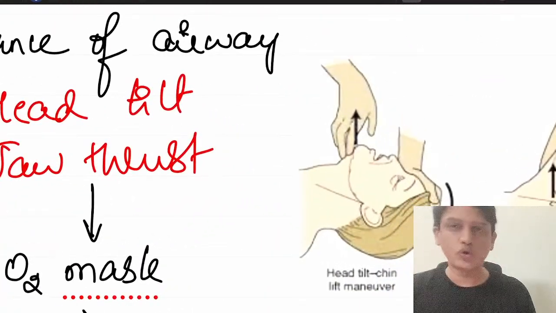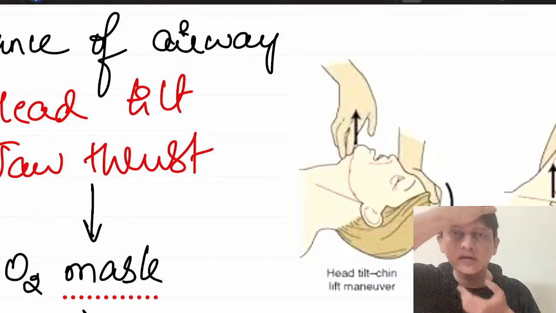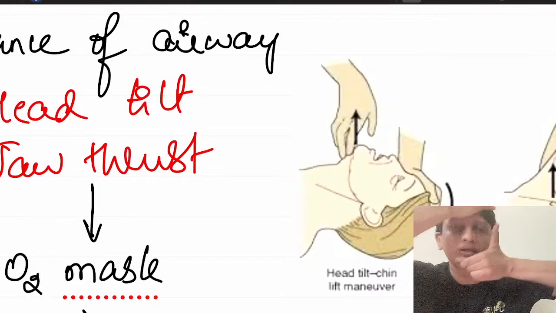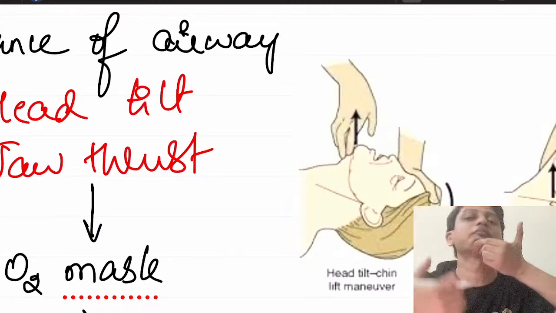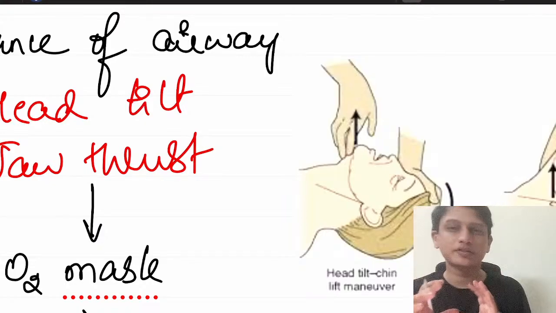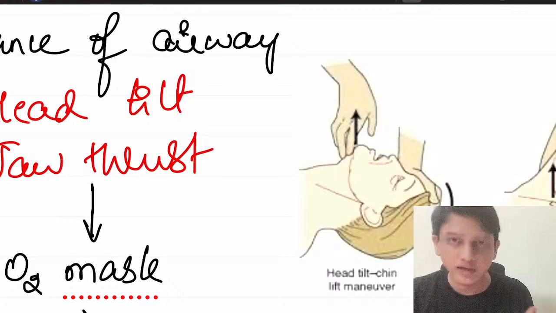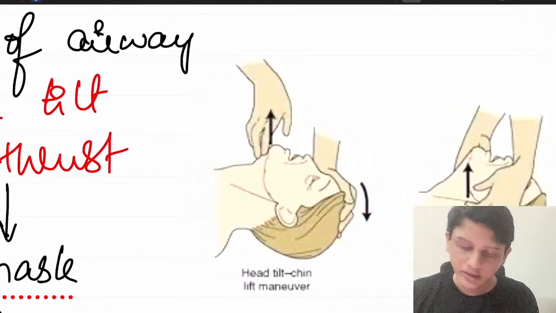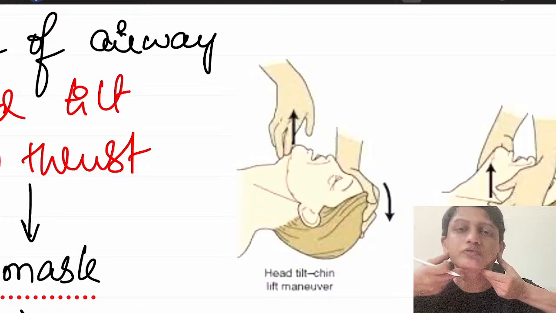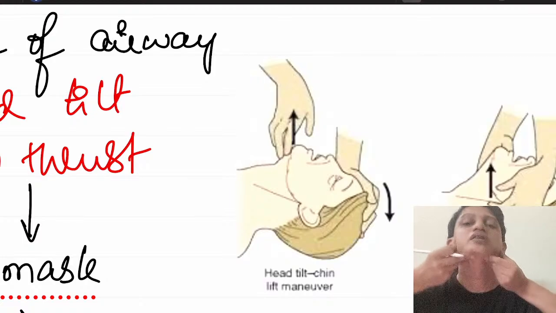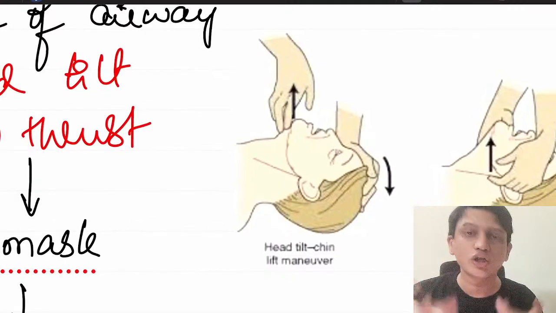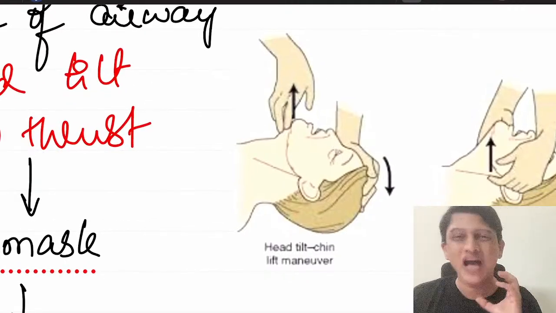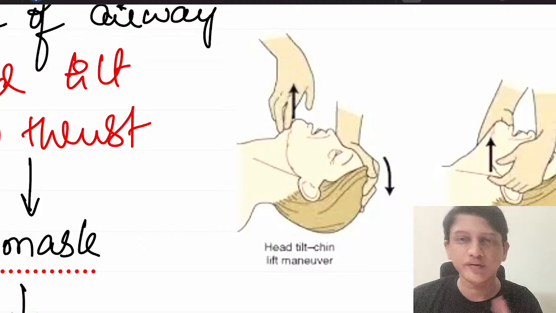See, like this, hold one hand over the forehead and one over the chin, and tilt, make the chin upwards like this. That time the airway becomes straight, and whatever kinking or block is there may get relieved. It's called head tilt, and then jaw thrust. Give a gentle thrust to the jaw, as shown in the image. If there is any obstruction to the airway, that may get cleared.